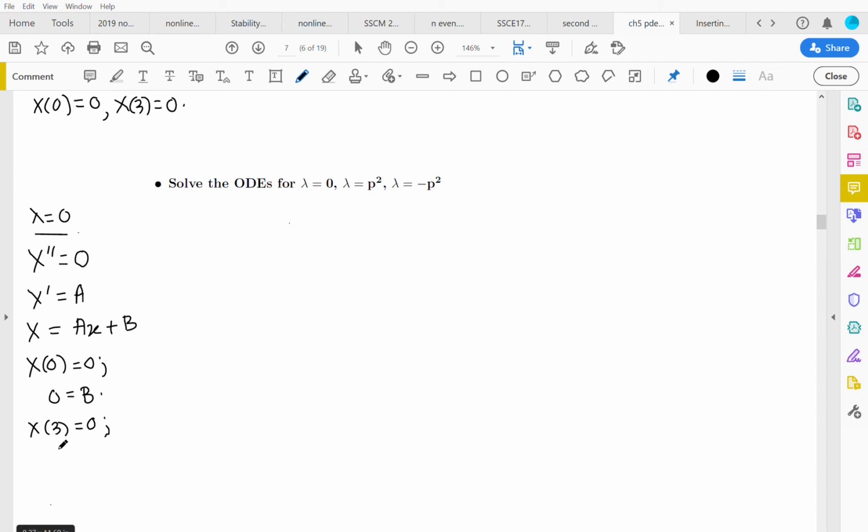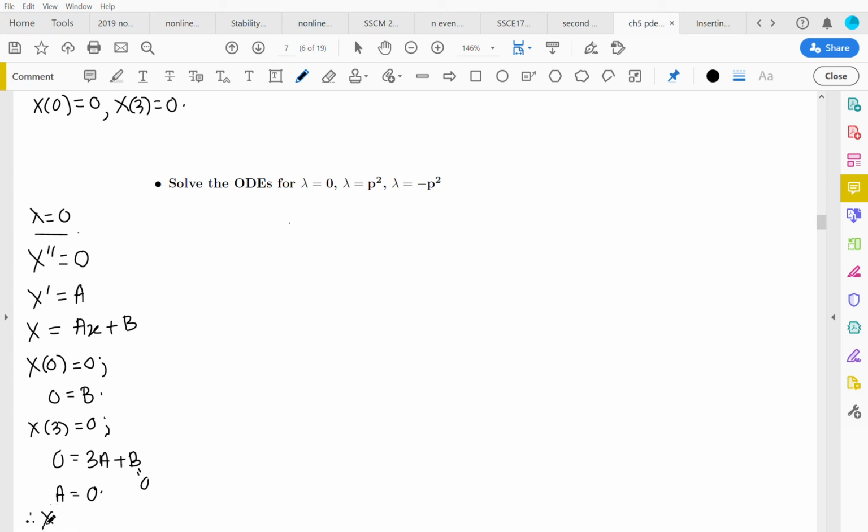Now it becomes 0 equal to 3a plus b. Previously we already got b equal to 0, so this is equal to 0. So we will get a also equal to 0.